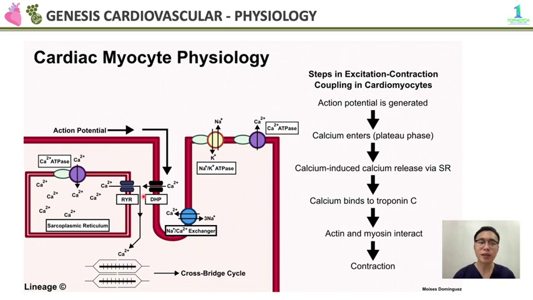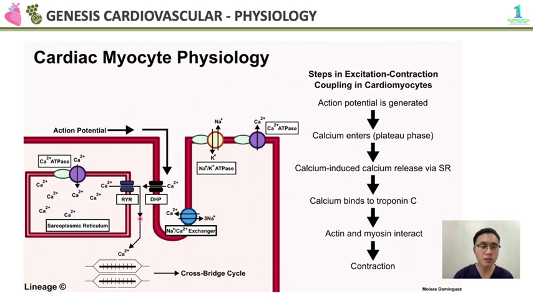Pagpasok niya doon, it will interact first with the ryanodine receptors of the sarcoplasmic reticulum. And remember, what is the role of the SR? The sarcoplasmic reticulum is the storage site of calcium. And interaction with the ryanodine receptors will lead to release of calcium, no? So ito yung tinatawag natin ultimate sariling sikap, calcium-induced calcium release.